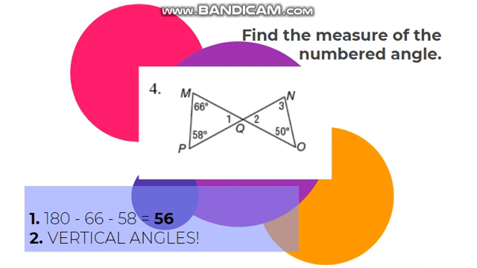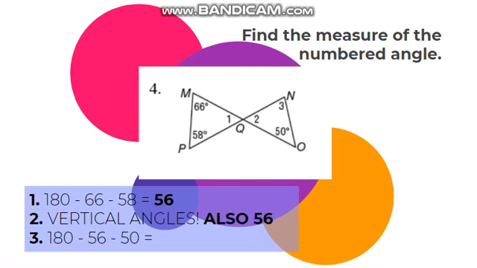We can find angle 2 because 1 and 2 are on opposite sides of vertex Q. They are vertical angles, which means that they're congruent. So 1 and 2 are equal, so it's also 56 degrees. And then we can find the measure of angle 3 by subtracting 56 and 50 from 180, so that the measure of angle 3 is 74.